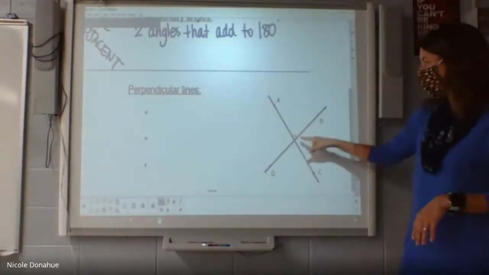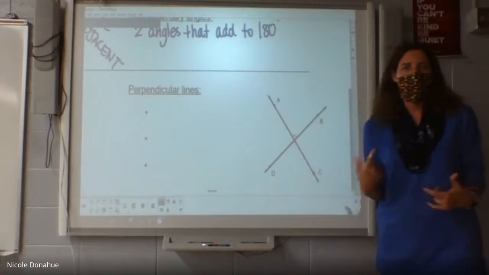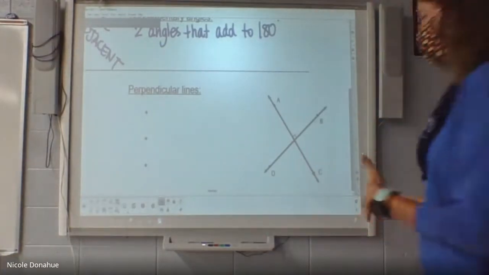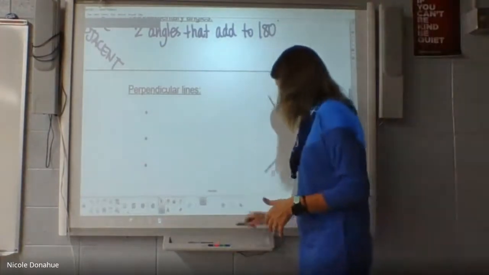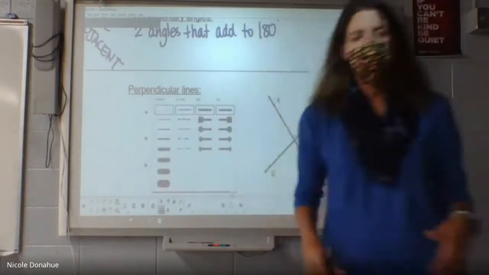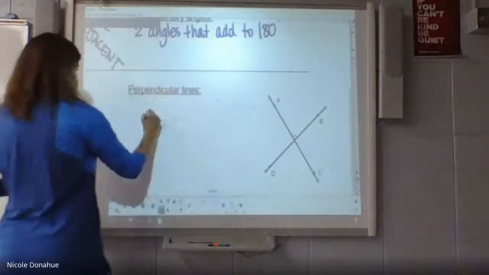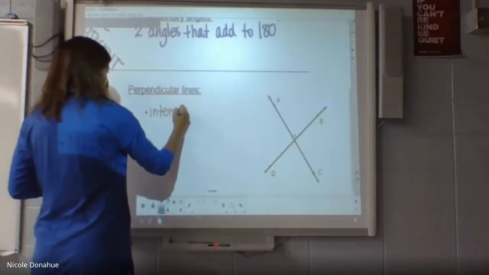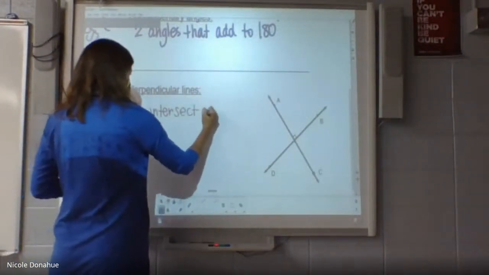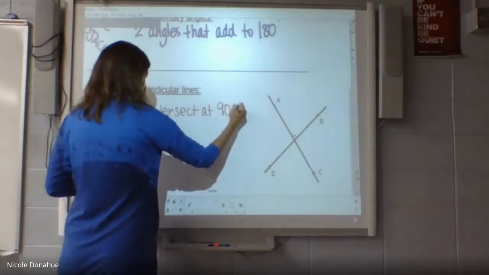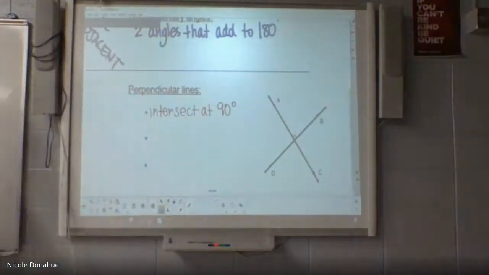So the fact that Lena pointed out that little 90-degree there tells us that these lines are going to be perpendicular. So they intersect at 90 degrees.